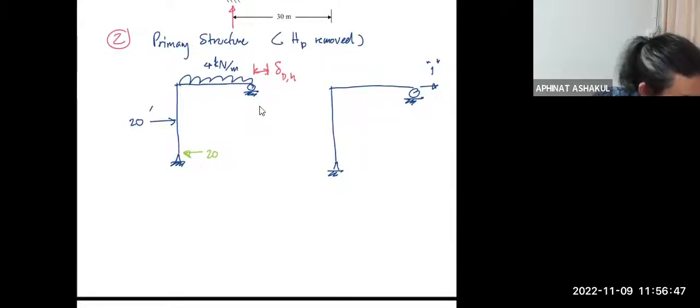You take the moment at A, you should get this reaction. Be careful, you take the moment at A. Everything goes in the same direction. So it's 20 multiplied by 15. So this reaction should be greater than another one. Remember, find it yourself. That's the first case.